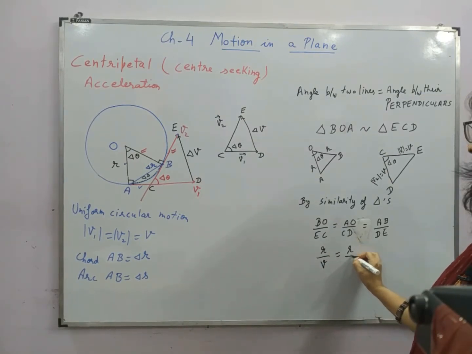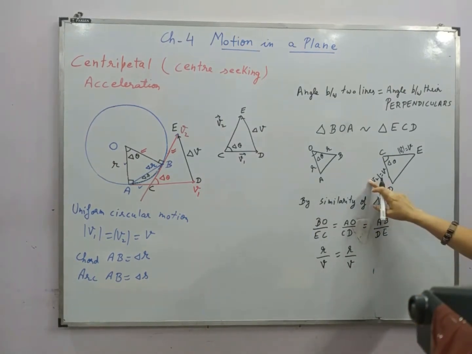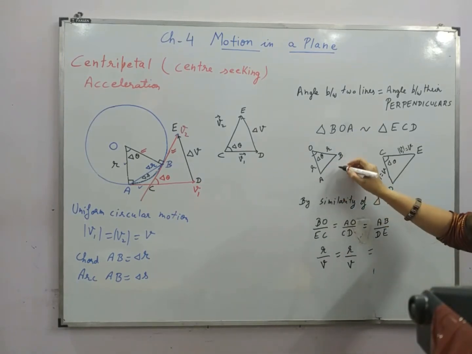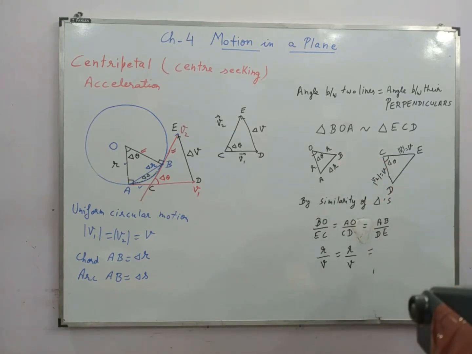Again R. How much is CD? This is also V. AB is delta R, and DE is delta V, right?